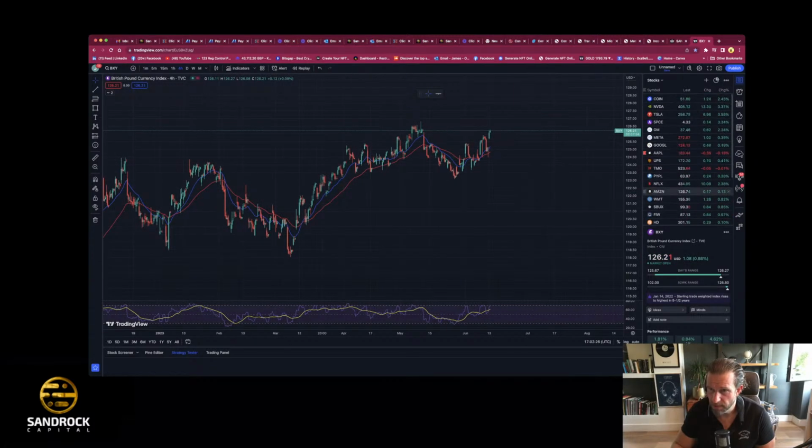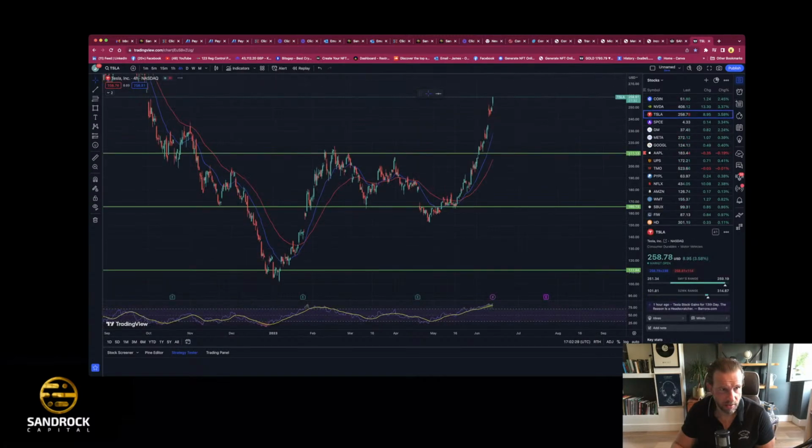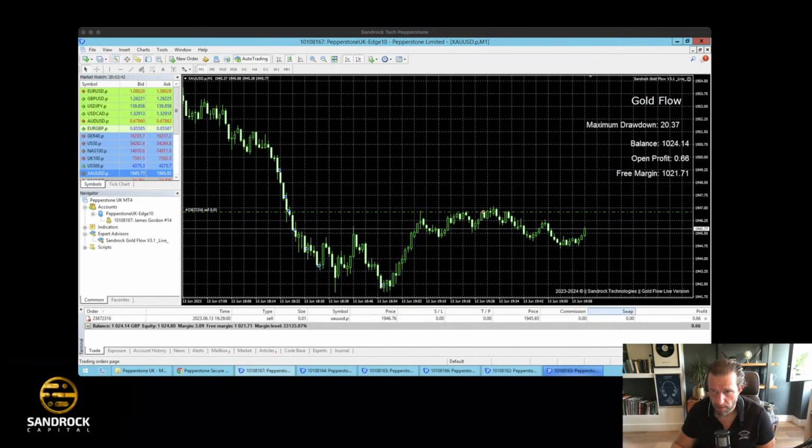So there we go. Let's just move over to our bots. Okay, so this is the Gold Flow. It's on £1,000 since yesterday.